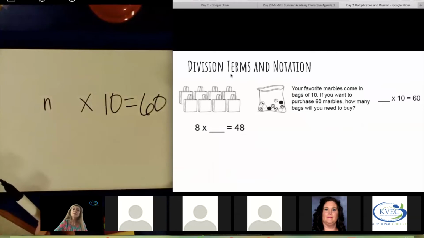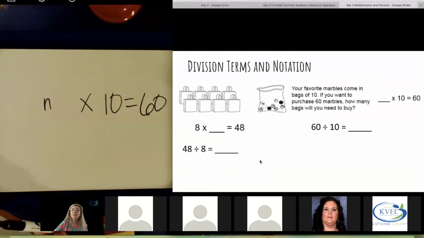Okay. Division terms and notation, if we're going to do this with division. Well, this is just showing that same thing again. 8 groups of 48, but it's showing you how you could write it as a division problem. So it's the same type of problem. So 48 divided into 8 groups, and we said that left us with 6 in each group.